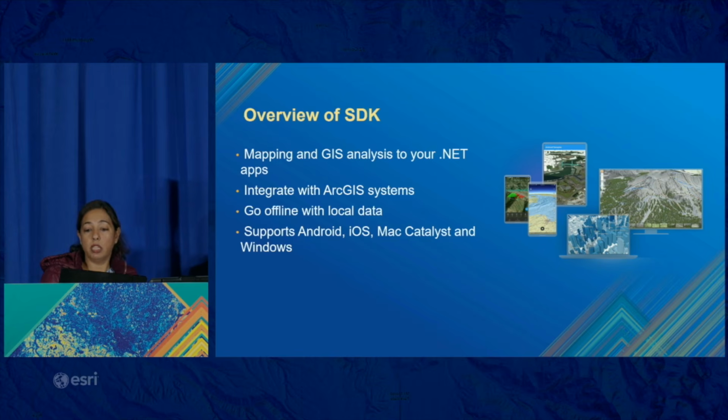You can build applications using local maps and data that are occasionally connected or completely disconnected. And the beauty of .NET Maps SDK is that it's a cross-platform SDK, meaning you can develop for Android, iOS, Catalyst, and Windows, targeting both desktop and mobile devices. And the common API enables you to easily write code that is shared across all those platforms.